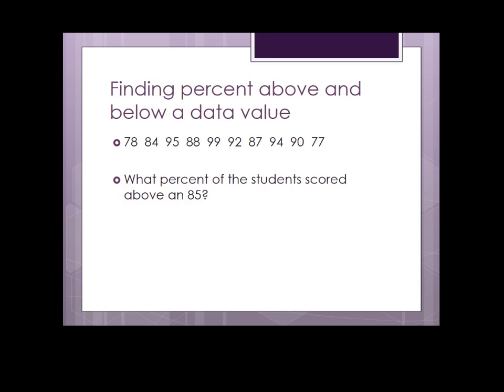Finding the percent above and below a data value. Okay, so what percent of the students scored above an 85? So let's look at first how many of the scores are above 85. We've got 1, 2, 3, 4, 5, 6, 7.